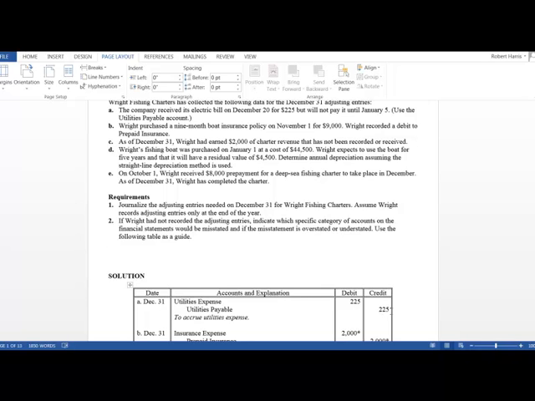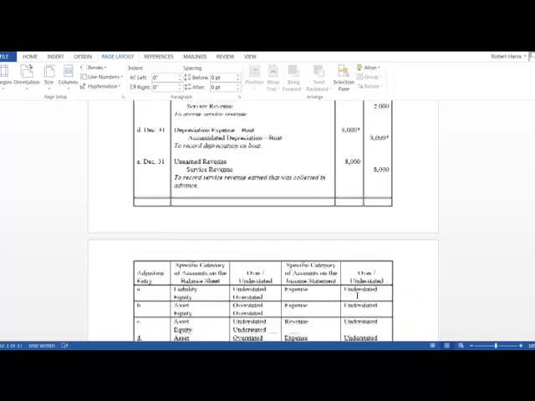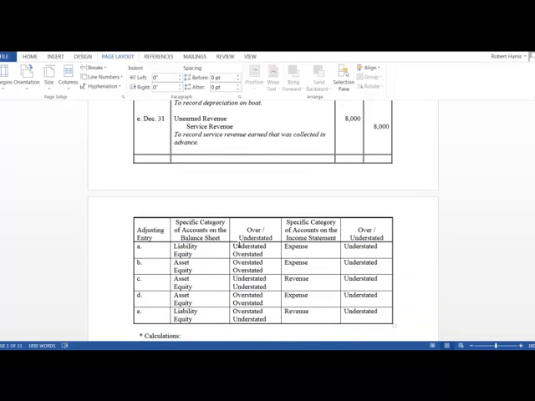After this adjusting entry, we can see that the proper balance should be $225. So if we forgot to make that entry, then our utilities payable would be understated. And our equity would be overstated because we would have not reduced it with this $225 expense. And remember that expenses hurt our equity.